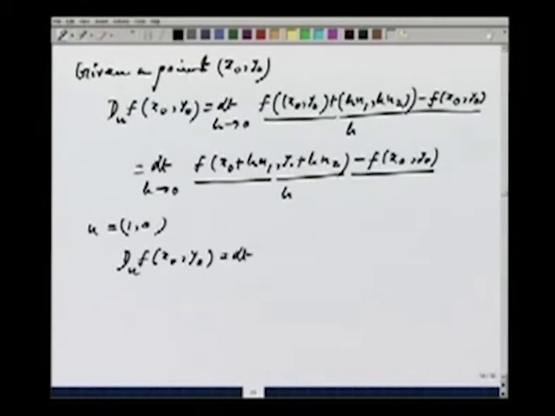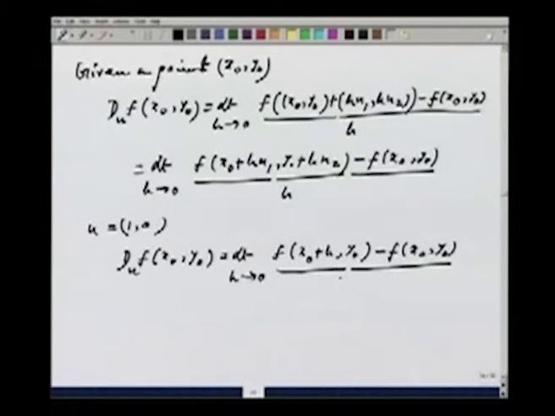By the definition, it is the limit as h goes to 0 of f of (x naught plus h, y naught), because u1 is 1 but u2 is 0, minus f of (x naught, y naught), divided by h. And this is a known quantity, we have seen it. This is nothing but f_x at (x naught, y naught).